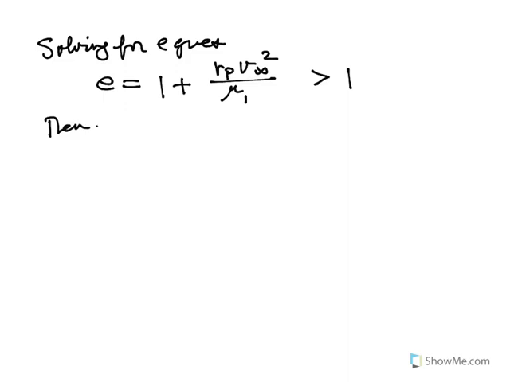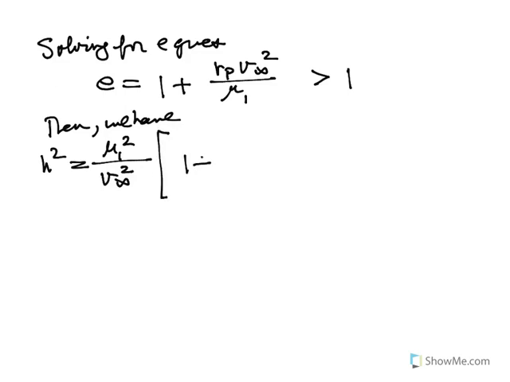So then we have h squared is going to equal mu1 squared all divided by v infinity squared times, now we're just going to start substituting in, 1 plus RP v infinity squared over mu1. This whole thing is now going to be squared minus 1, so that's e squared minus 1.